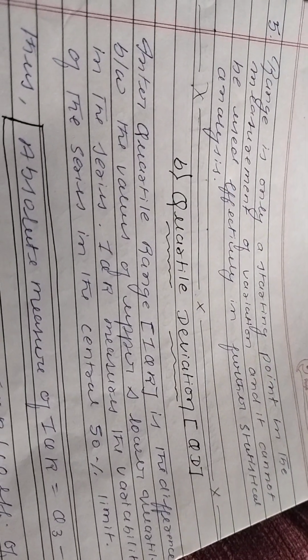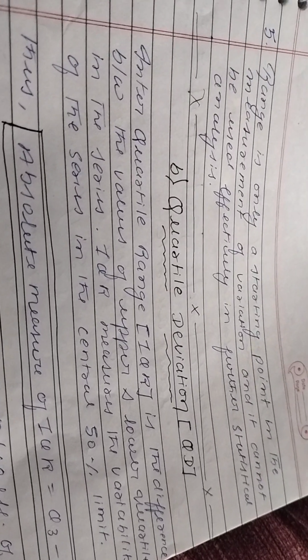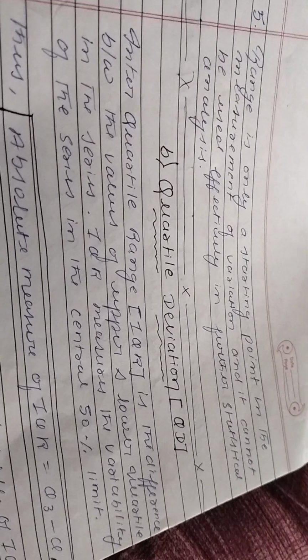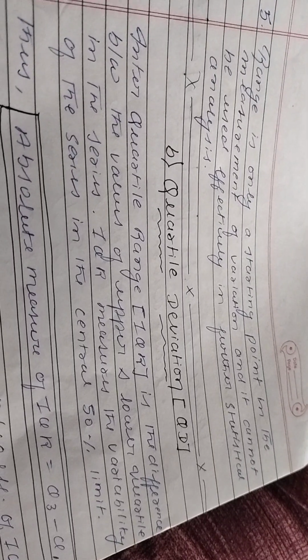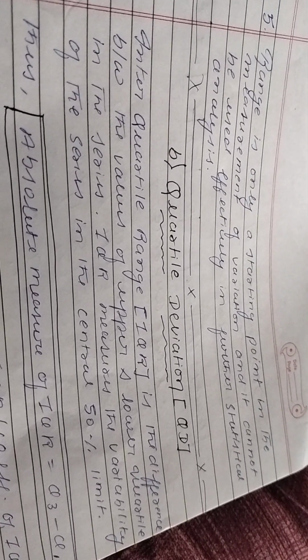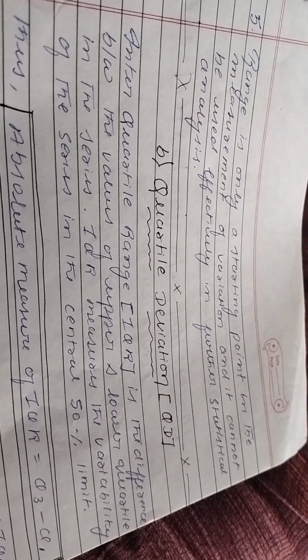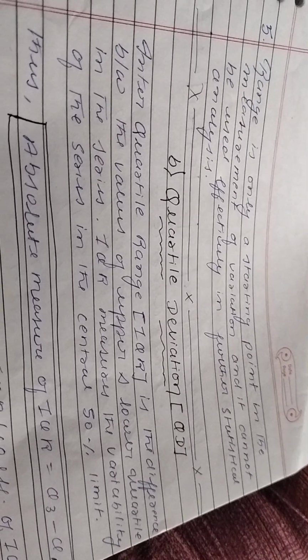In the interquartile range, which we can also call IQR, the interquartile range is the difference between the value of the upper and the lower quartile in the series. So IQR measures the variability of the series in the central 50% limit.